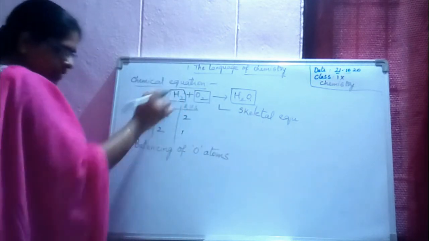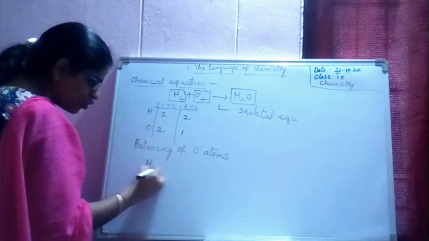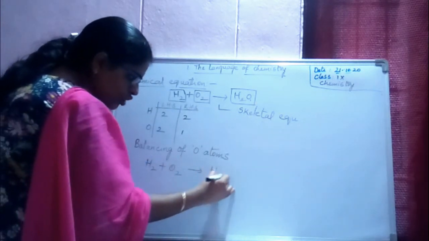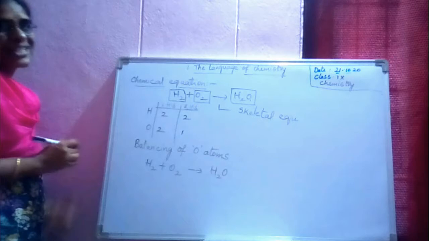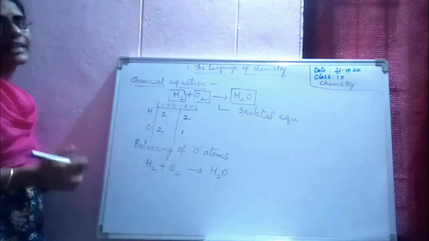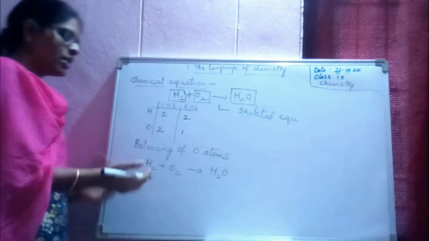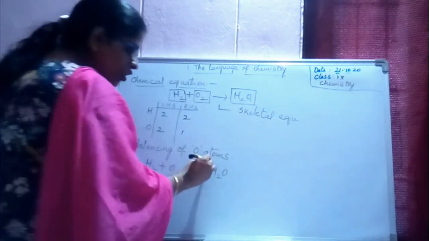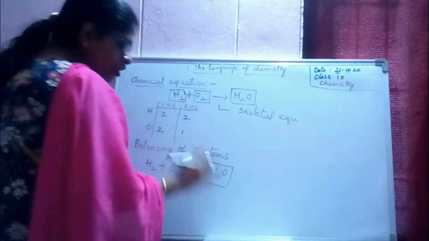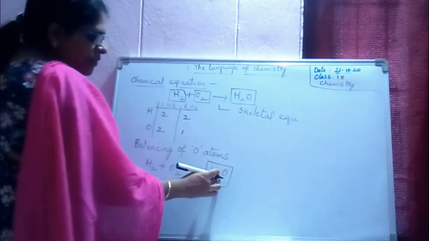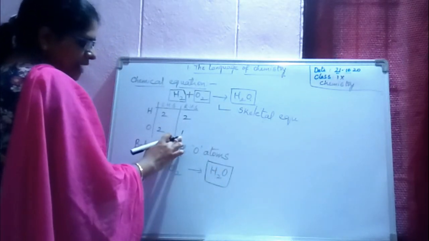Again write this equation. H2 plus O2 gives H2O. Which side oxygen atoms are less? That side you must keep a number such that it will be balanced. Okay? Now what I said, inside the box you are not supposed to change anything. This side I have fewer oxygen atoms.